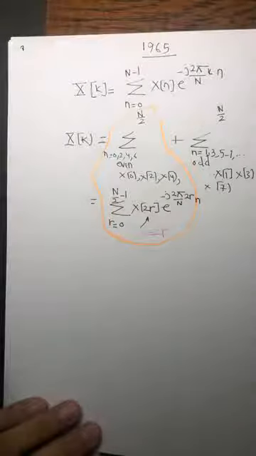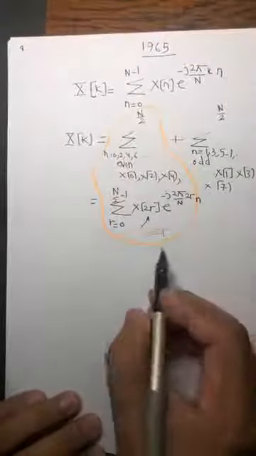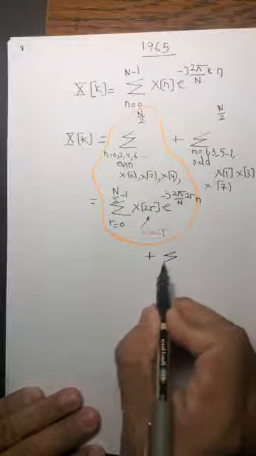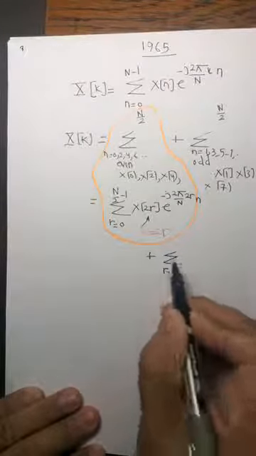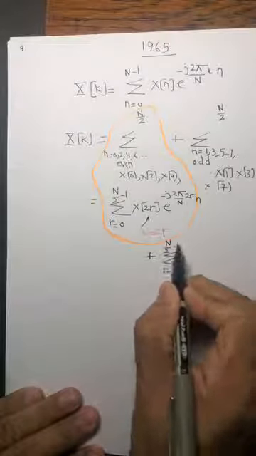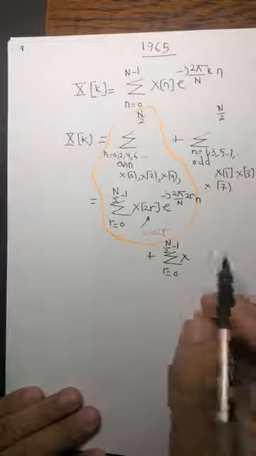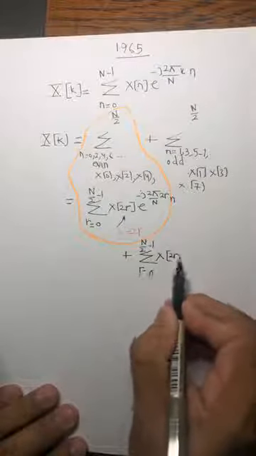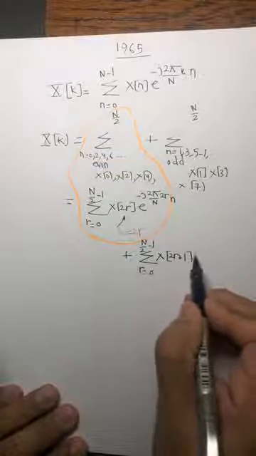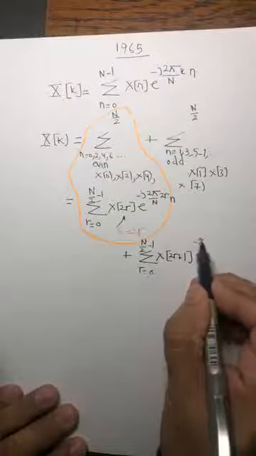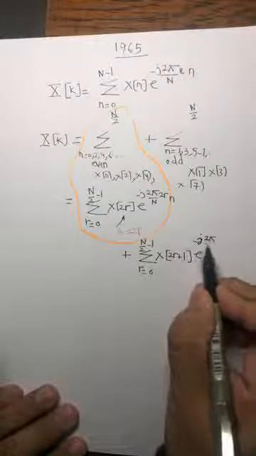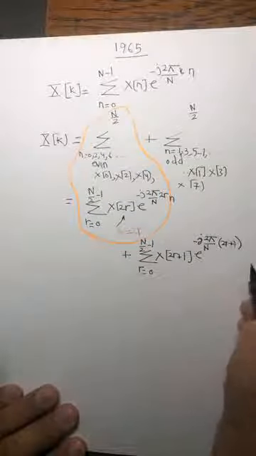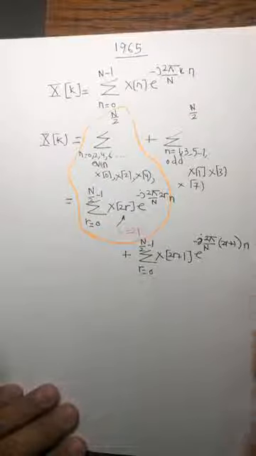And then for this other part of the divide, the summation r still goes to n by 2 minus 1, but this time they have x of 2r plus 1 exponential minus j 2 pi over n into 2r plus 1 into n.